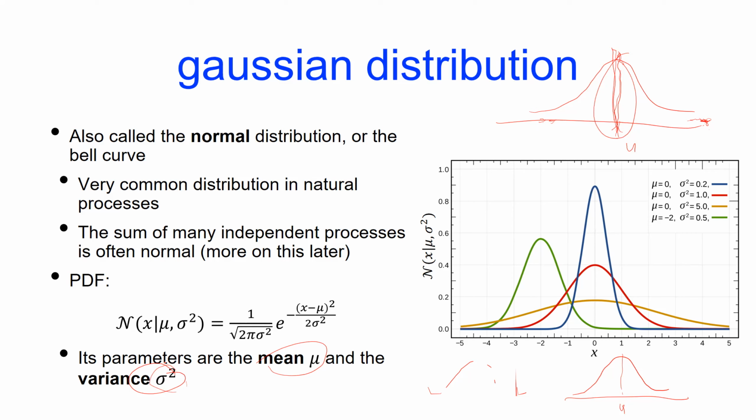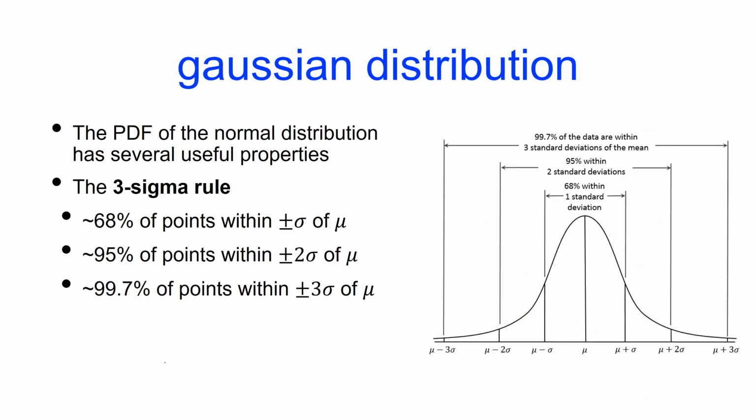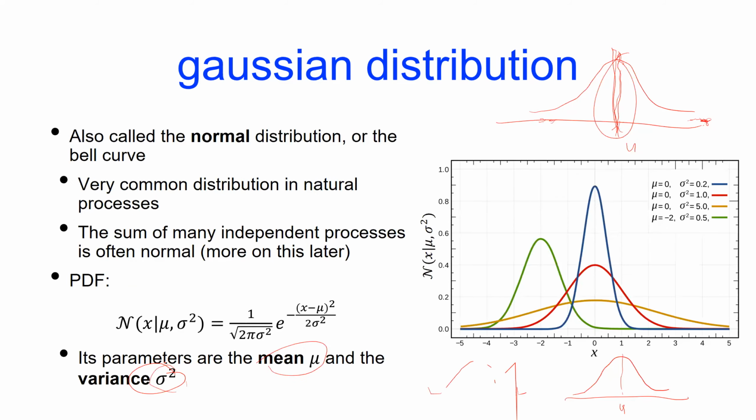So in the Gaussian, there's a very cool property about the spread, or the variance. This is something we call the 3 sigma rule. The variance equals sigma squared. This is the variance. The sigma here is called the standard deviation.